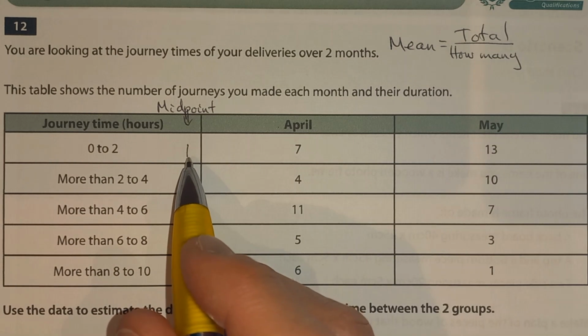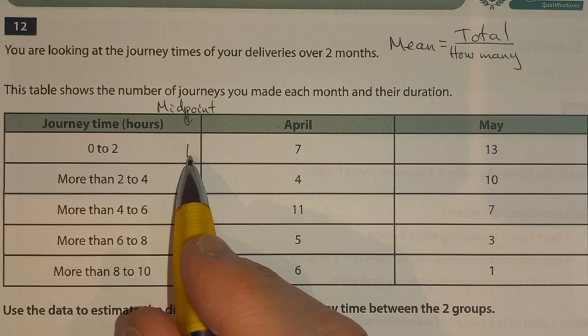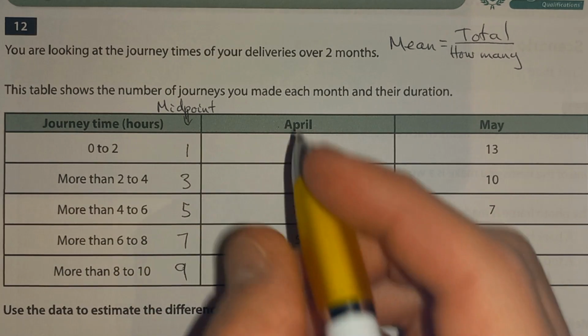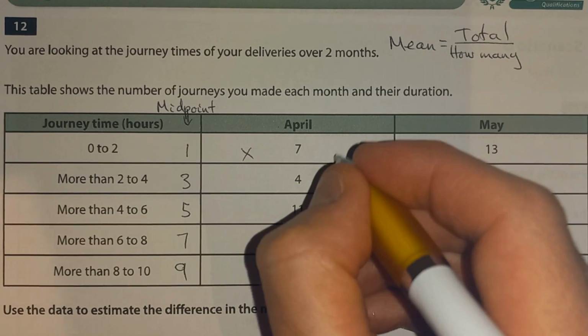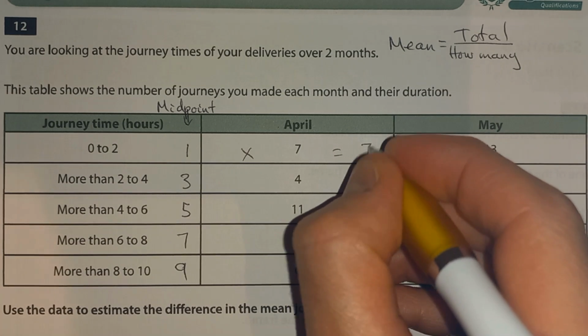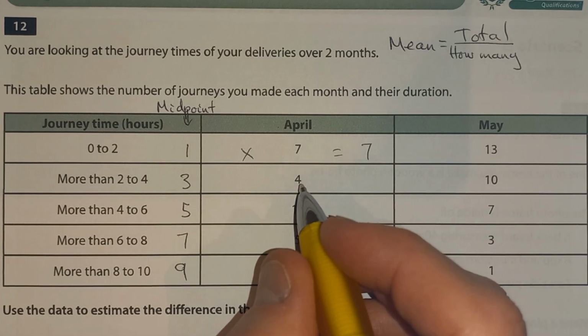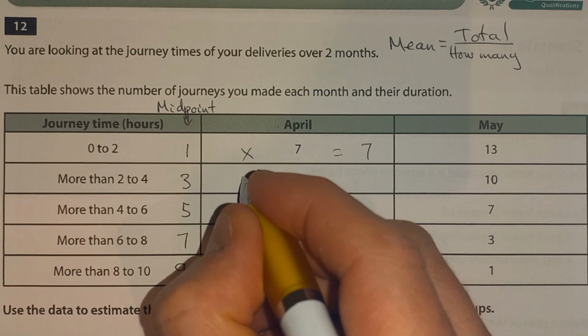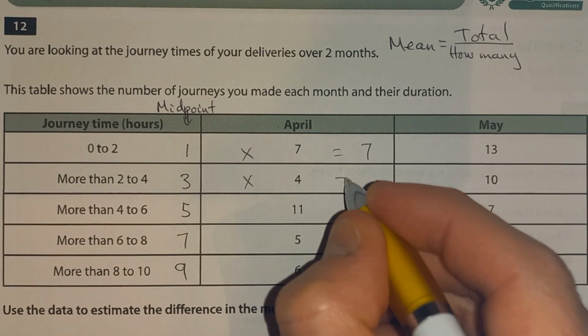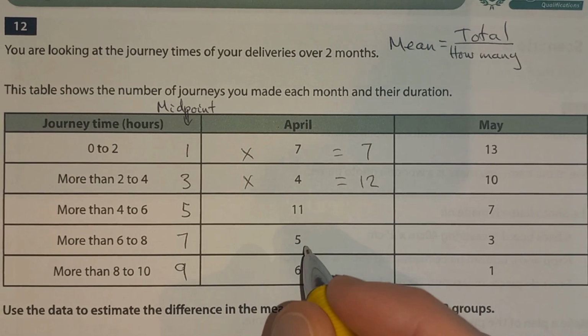So we had 7 journeys that were 1 hour long. So 1 times 7 is 7. We had 4 journeys that were 3 hours long. So 3 times 4, that's going to be 12 hours.